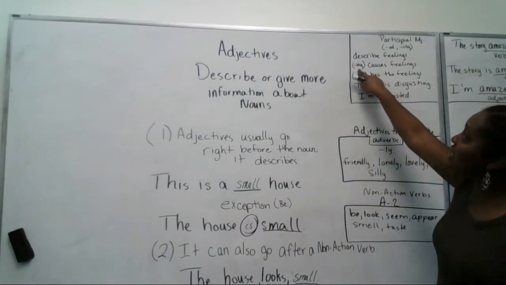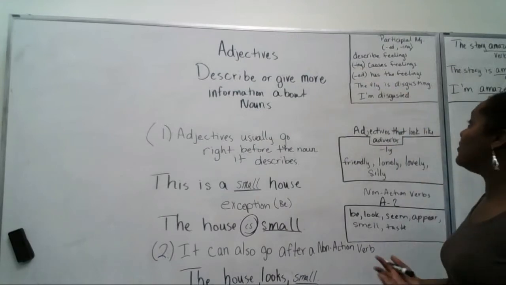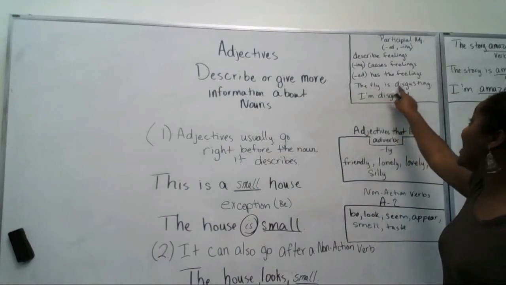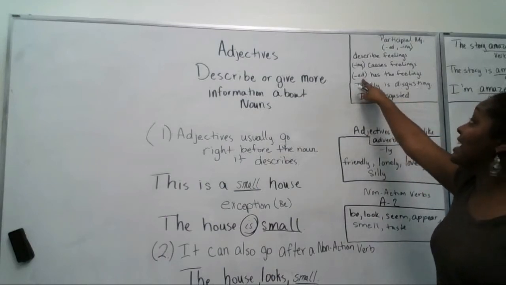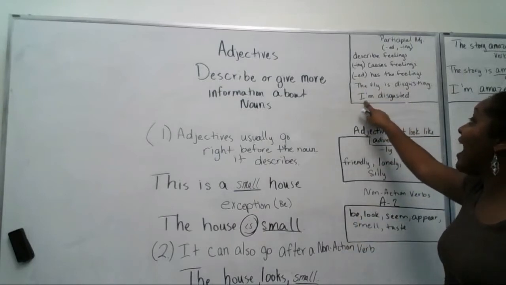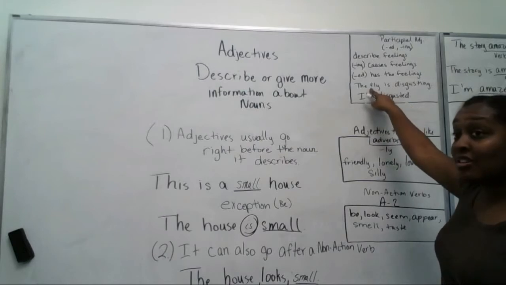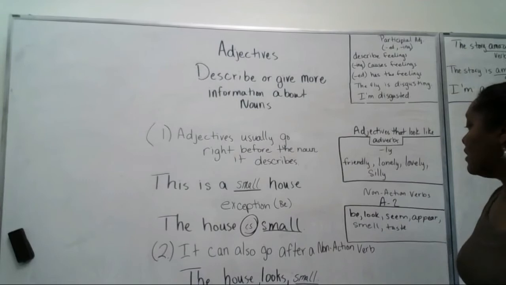If you have -ing, it means that someone or something causes feelings, like the fly is disgusting. If you use -ed, it means that you have the feelings. So I'm disgusted. Here, I have the feeling. Here, the fly causes the feeling.